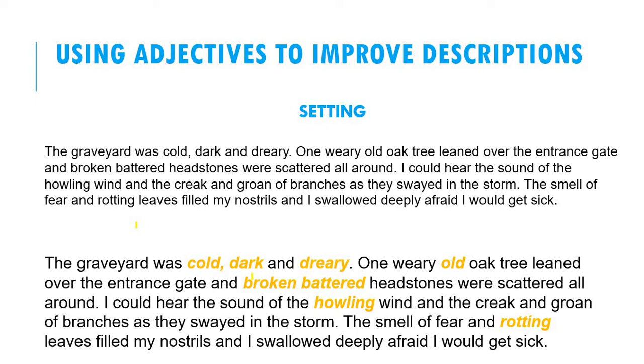What image is created in the mind of the reader with the use of these adjectives? Is it showing how desolate the graveyard is? Is it showing how scary the graveyard is? Is it telling us that this is not a place that we would like to be?